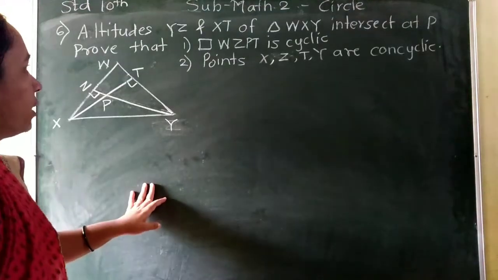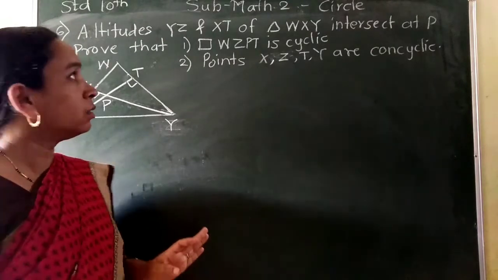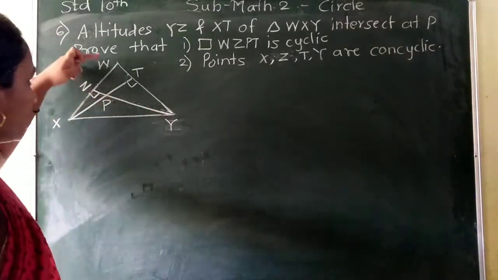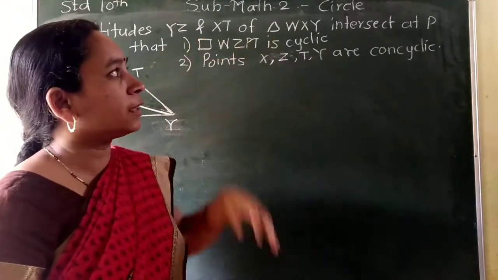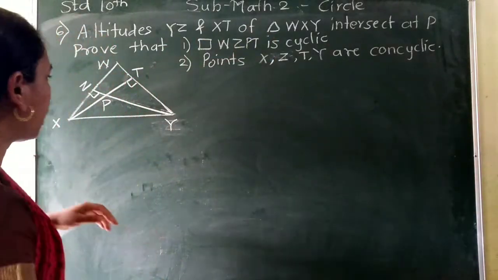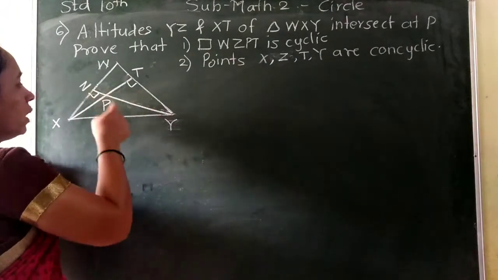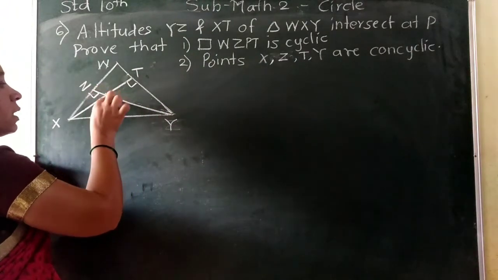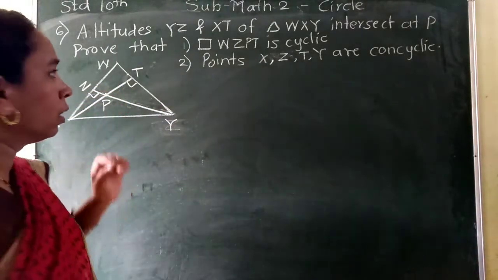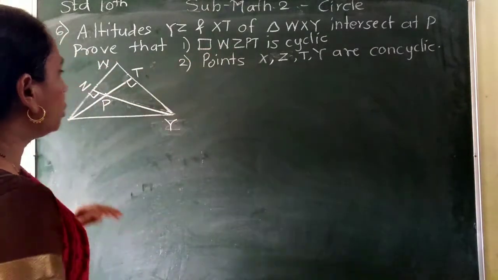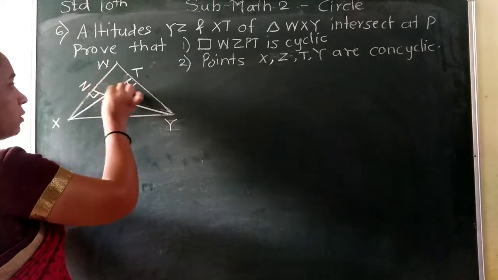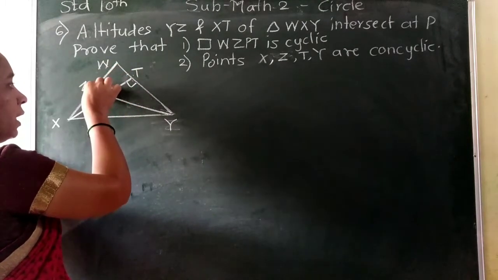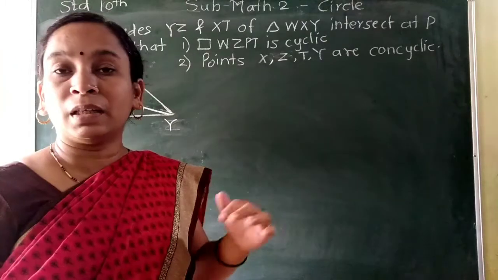Sixth example. Altitudes are given, YZ and XT. YZ is an altitude, and XT is also an altitude. In triangle WXY they intersect at P, meaning these two altitudes meet at point P. Here we have to prove that quadrilateral WZPT is cyclic.